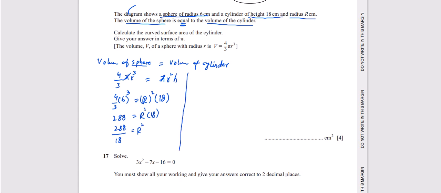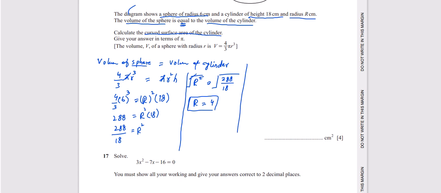So taking square root on both sides, R square is equal to 288 divided with 18. Square cancel with square root, so R is equal to 4. Okay, now this R put in the formula of curved surface area of the cylinder.